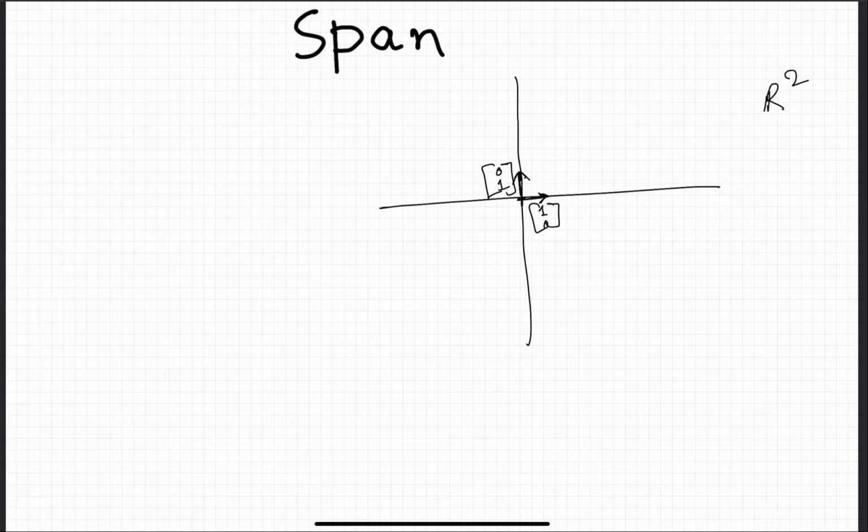So the span of these basis vectors is the whole R2 itself.